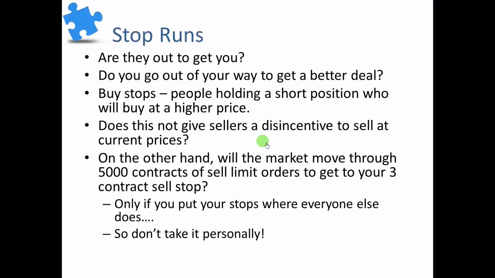Just like you've got a disincentive if there's a buyer up there in the market, and there's potentially a lot of buyers up there in the market that are going to pay high prices. Sellers have got a disincentive to sell at these prices because they know buyers up there are willing to pay more. So that's what a stop run is effectively taking advantage of.